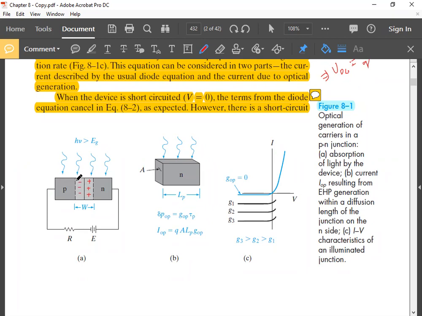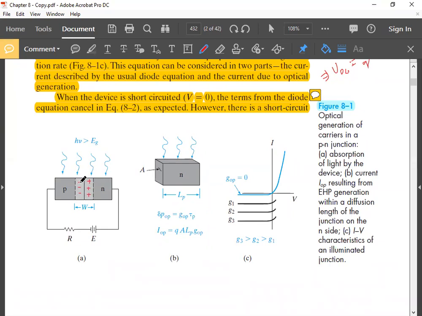So these diffused carriers should be minimized. A photodetector should not rely on these carriers which diffuse to the depletion layer, because this diffusion process takes time.